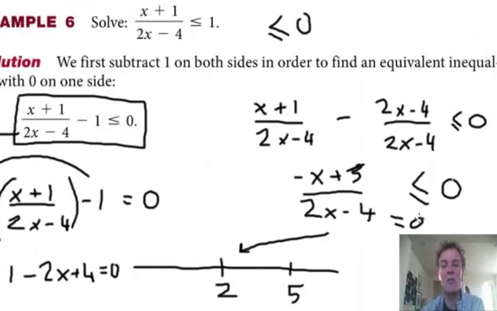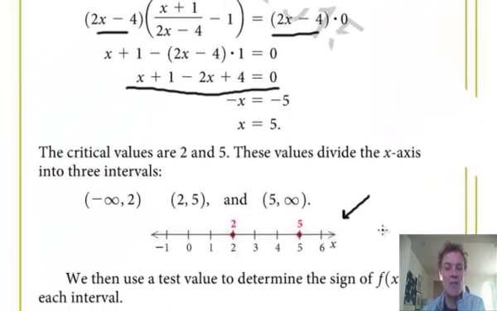Again, we already know that's where the 2 comes from. The numerator equal to 0, and that's where the 5 comes from. So there's two ways of solving it. But at the end of the day, we have this right here. Now we're going to test some numbers. We've got areas between negative infinity and 2, 2 and 5, and 5 and positive infinity. That's what all these solutions are up there.